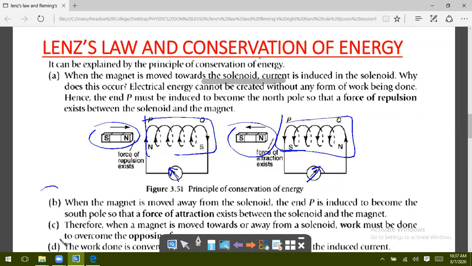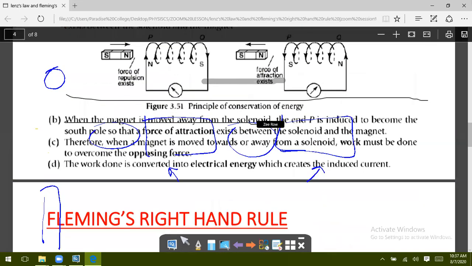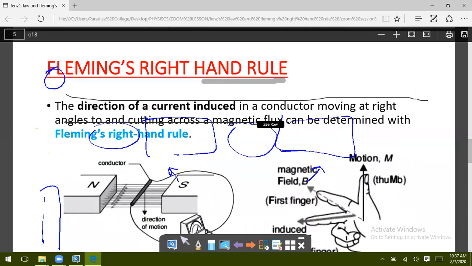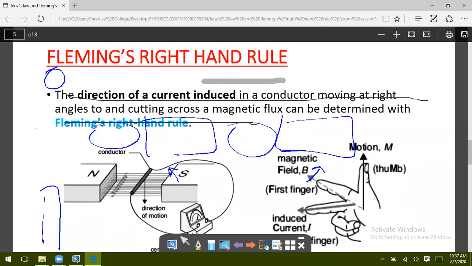Here are some of those points from A, B, C, and D. You can spend some time to check those out, but let's move a little bit further down and check out Fleming's right-hand rule.